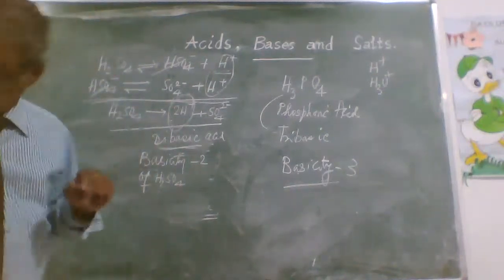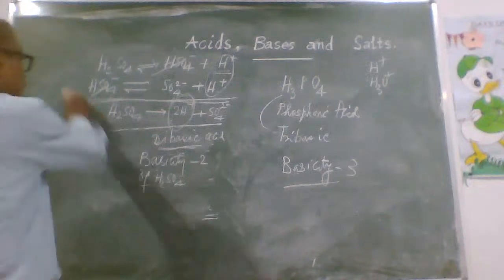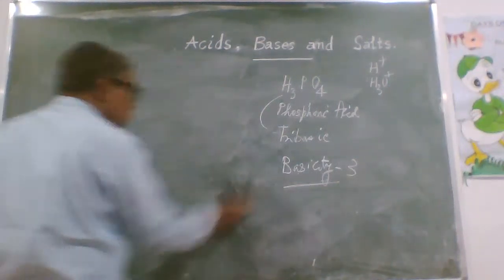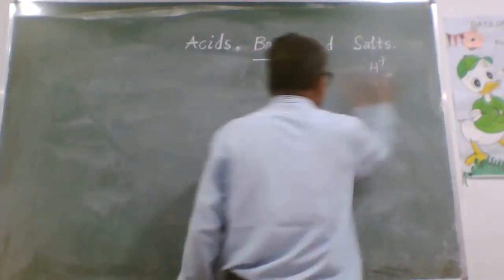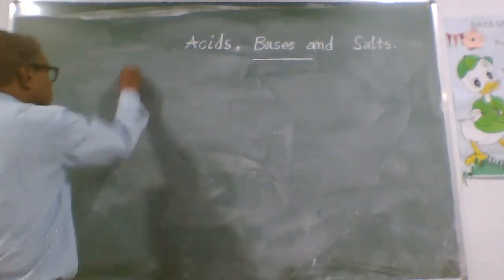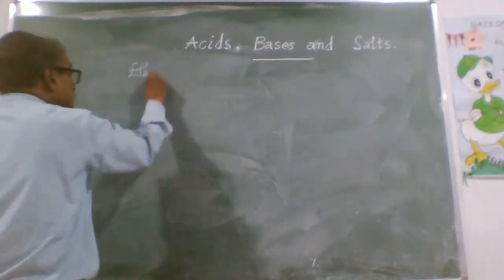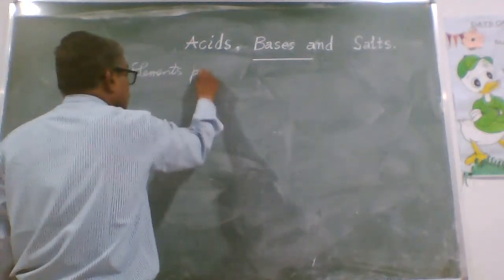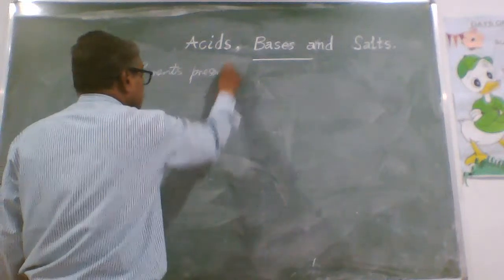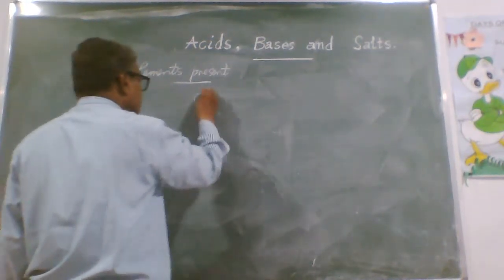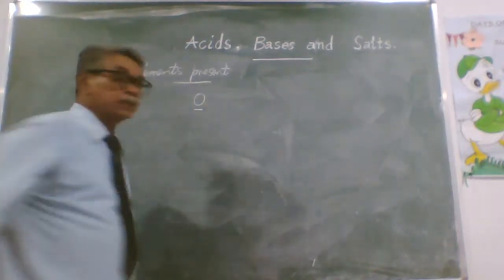Now another classification is also there. Another classification of acids is based on the elements present in the acid, especially the element oxygen.